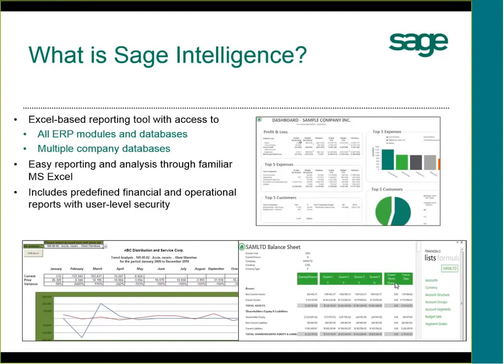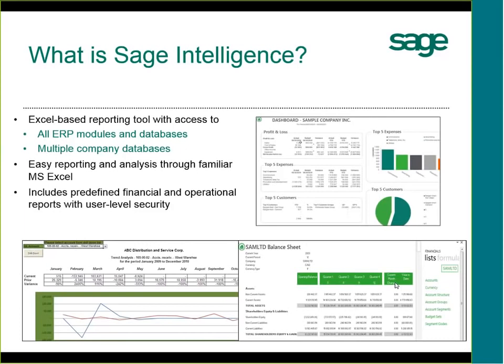Now, we also make the connection to additional sources, so additional databases outside the ERP. Not only does Sage Intelligence come shipped with the connection to the Sage ERP 100, 300, 500 and X3, but we also enable you to make connections to other databases, data sources outside the ERP.